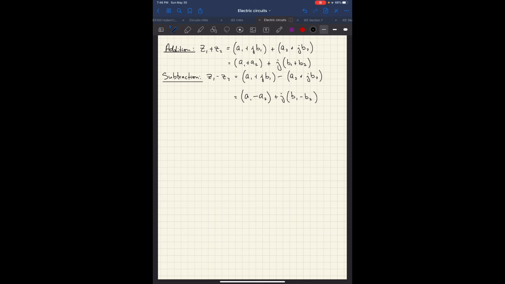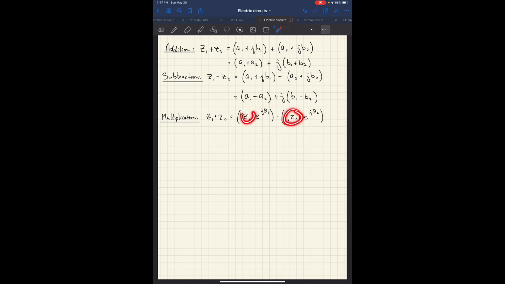For multiplication, it's going to be more convenient to work with the exponential form. So let's consider z1 times z2. So z1 in exponential form is going to be magnitude z1 e to the j theta 1 times magnitude z2 e to the j theta 2.